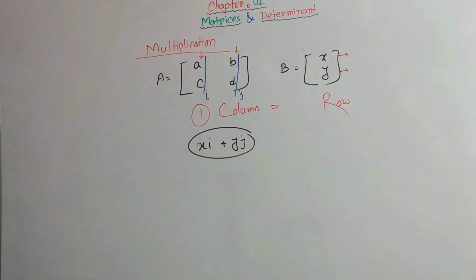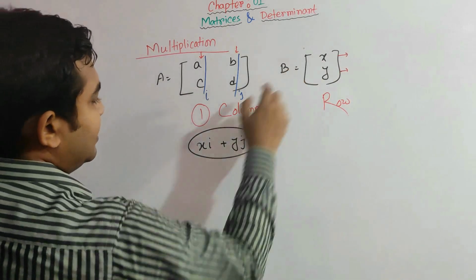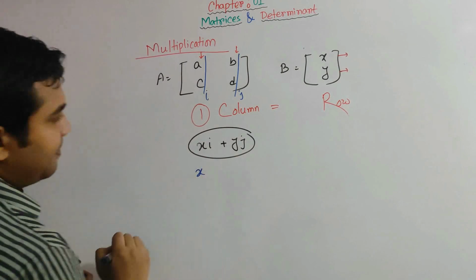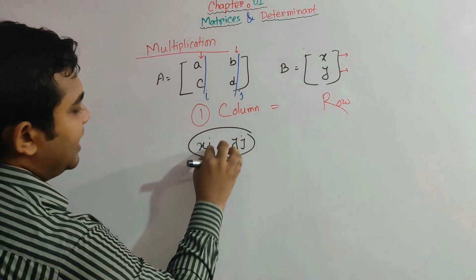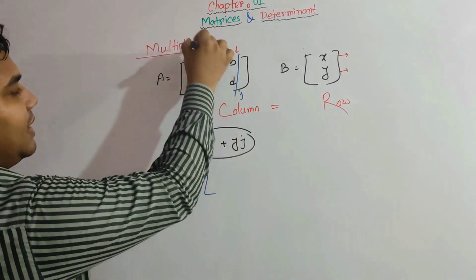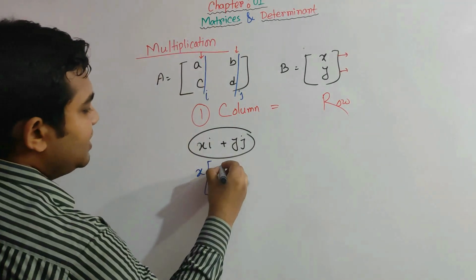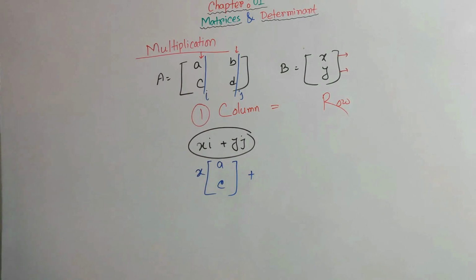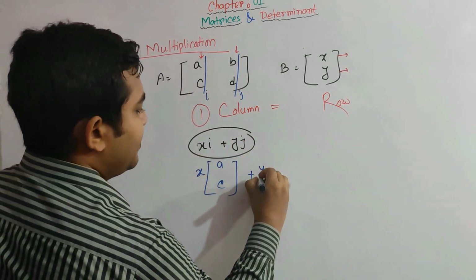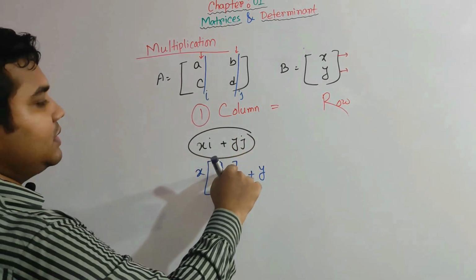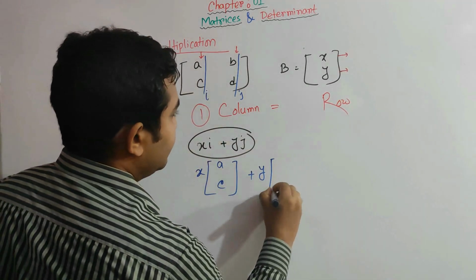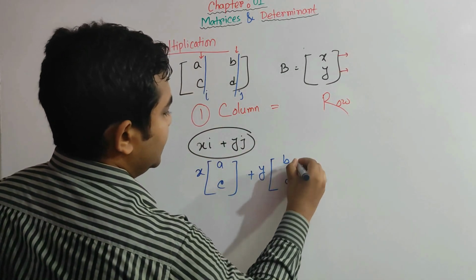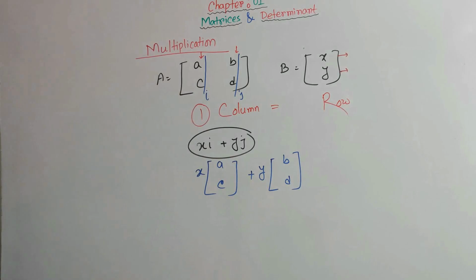How? Just look at the board. Here x should remain the same as before, but in the case of i, the i column is given. The i column is a c, plus there is also y, and the j column is b d. Clear?